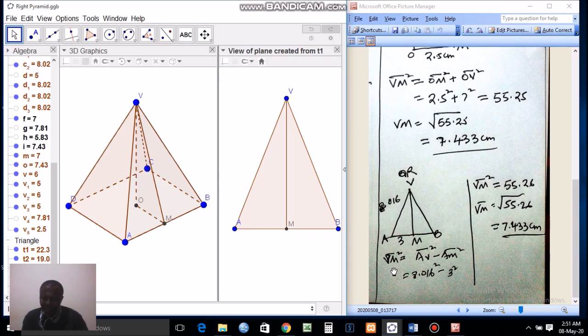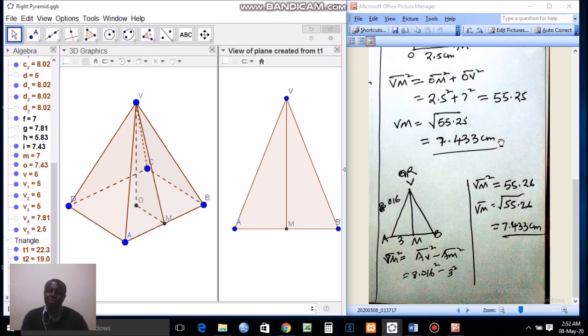So we can apply Pythagoras Theorem that VM squared equals AV squared subtract AM squared. Bring in the values, we have 8.016 squared minus 3 squared, and that means VM squared is 55.26. We get the square root of 55.26. Once again, we end up getting VM as 7.433, the same as what we got before.